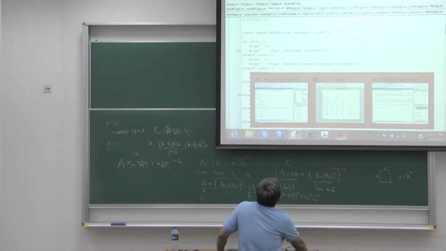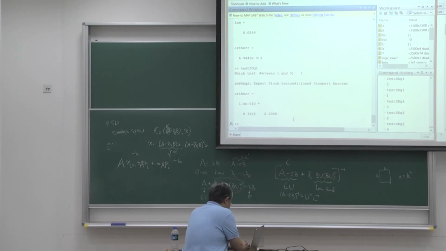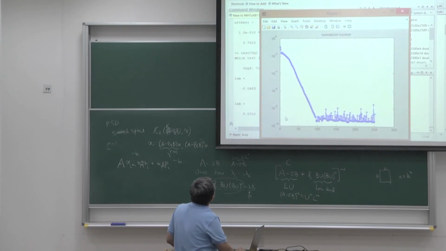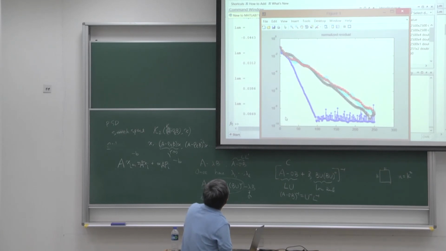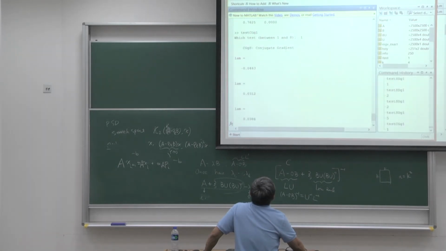This one we saw before. If we do CG1 and enter, this is just a plain CG.